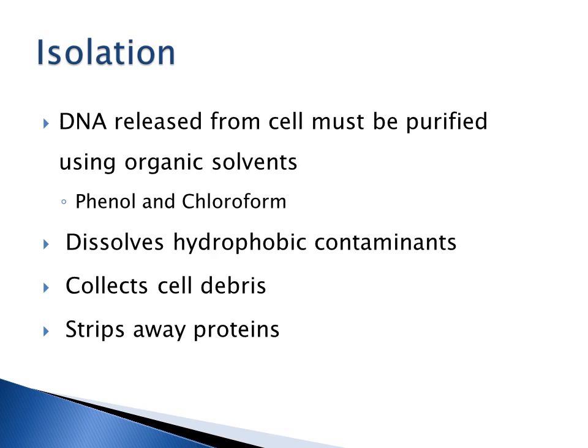So, nucleic acid isolation. Once you separate the cells that you want to extract the nucleic acid from, you can use various isolation methods. You want to isolate just that nucleic acid, so you want it to be pure. There are different ways you can isolate your nucleic acid. You can use organic solvents such as phenol and chloroform. These are very common organic solvents that are used to extract both DNA and RNA.